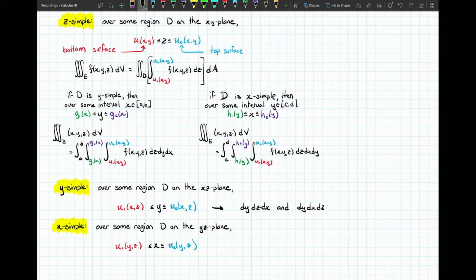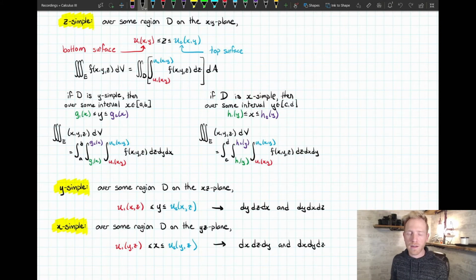These are, again, two surfaces, and these surfaces are given in the form of x equals a function of y and z. Once we take a look at those two boundaries, we'll have to view the region of integration on the yz plane and determine if that region is y simple or z simple. That finally gives us the last two orders, dx dz dy and dx dy dz.